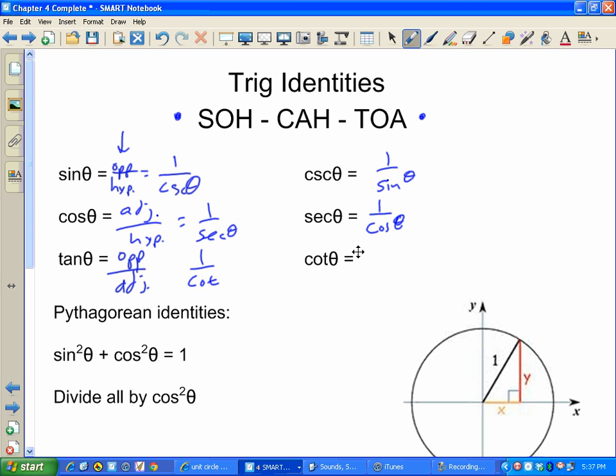And cotangent, let's think of it this way: since tangent is sine over cosine, cotangent would be cosine over sine. Sometimes when we're simplifying complex trig expressions, we're going to want to change everything into just sine and cosine to see if we can get things to cancel out and work out a little better.